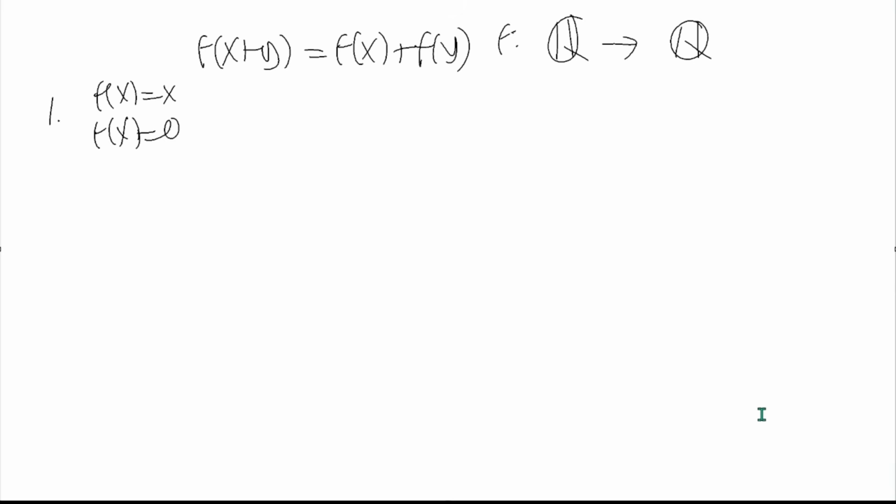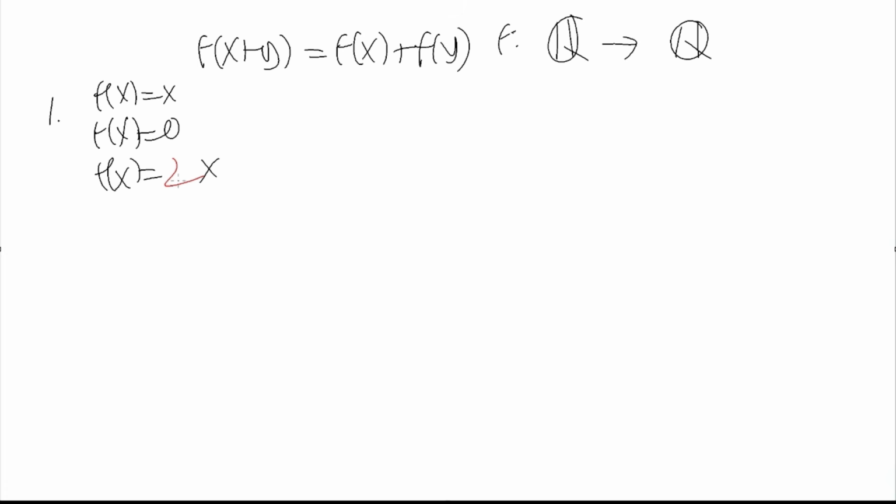And then we might see what's going on here. And for example, you might see that f of x equals 2x is also a solution, because like 2 times x plus y is equal to 2x plus 2y. So in general, we have all of these solutions.